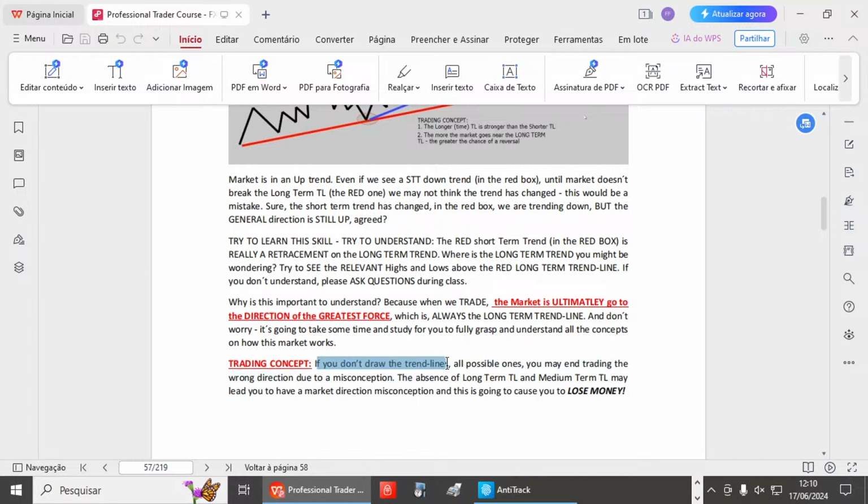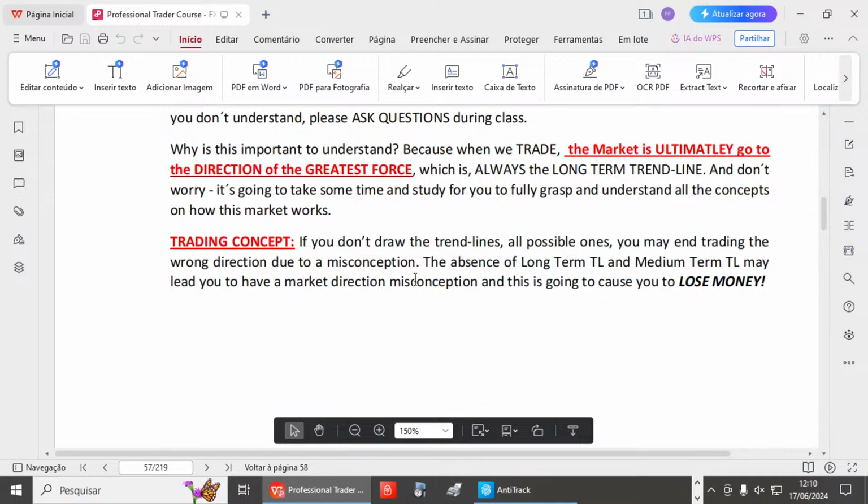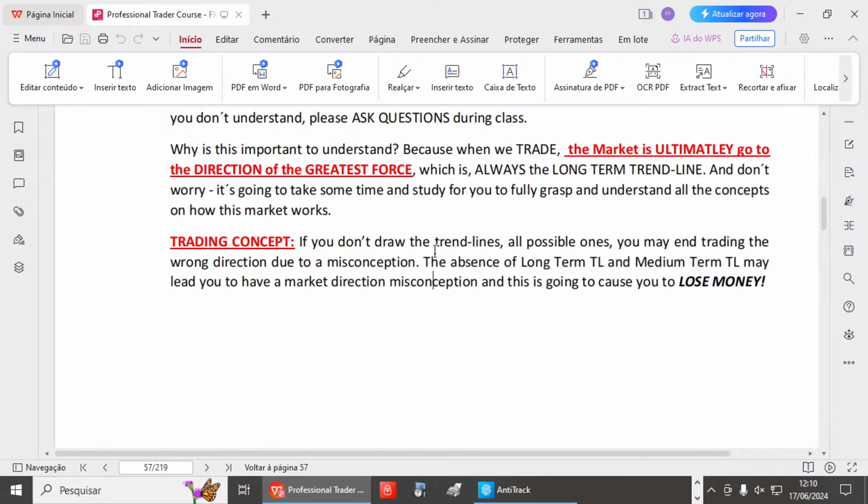If you don't draw trend lines, all the possible ones, you may end up trading the wrong direction, do the wrong interpretation, misconception, wrong perception.